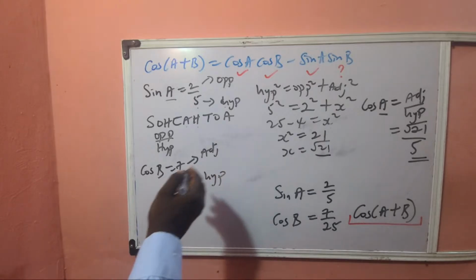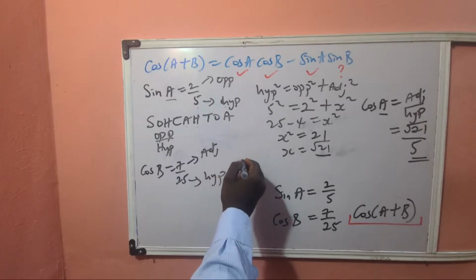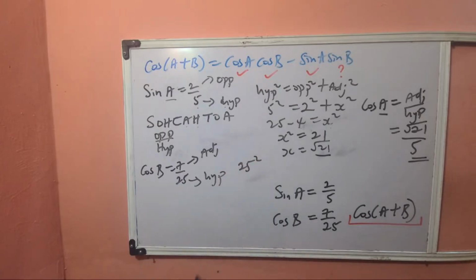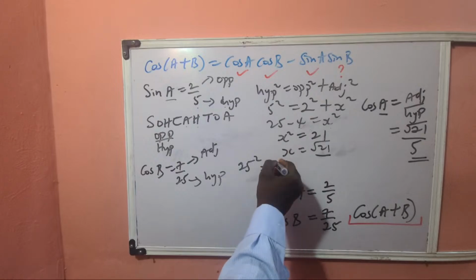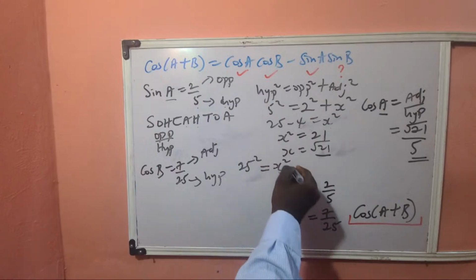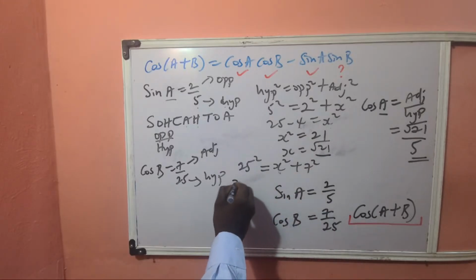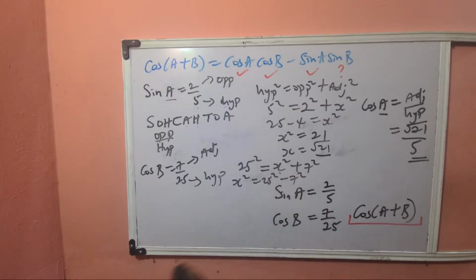So using my Pythagoras theorem, I know that my opposite now will be, of course, 25 squared is equal to opposite squared, which I do not know, plus adjacent squared, which I know. So my x squared here is 25 squared minus 7 squared.